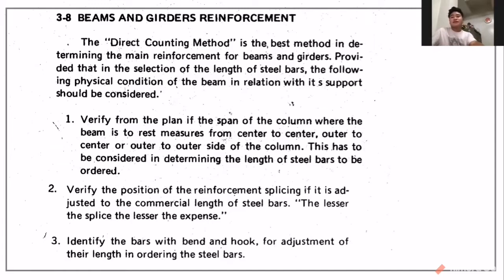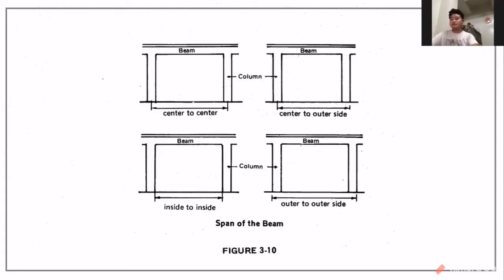Then the third is to identify the bars with bend and hook for adjustment of their length in ordering the steel bars. So this is actually the span of the beam.